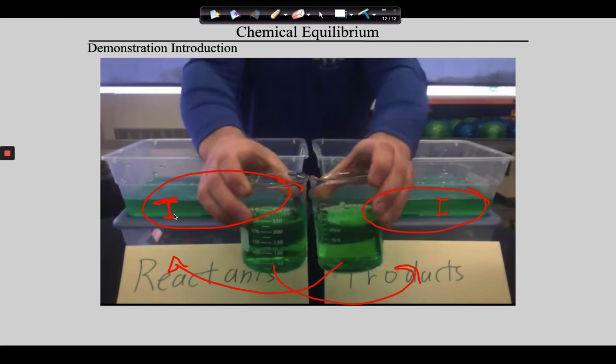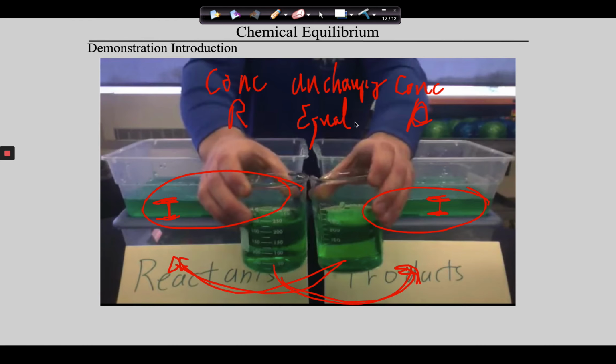So this height and this height no longer change because the forward and reverse reactions are happening at the same rate. Now remember that the amounts inside the bin represent concentration. So we have the concentration of the reactants and the concentration of the products, and these are unchanging. But the other thing you'll notice is that they're actually equal.